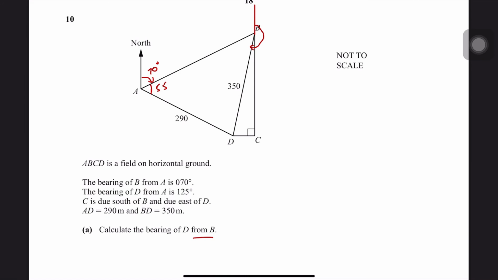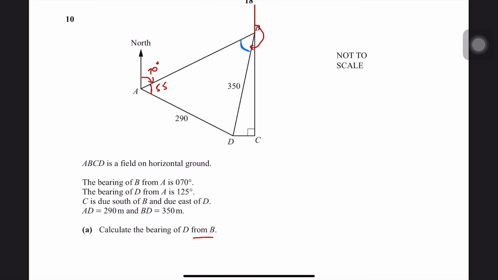I know that since there are Z angles forming here, the entire angle is 70. So if I could somehow find this angle, I would be left with this part. So my objective is to find this angle.